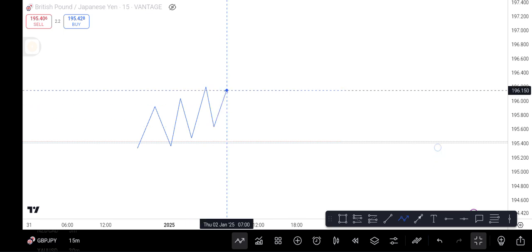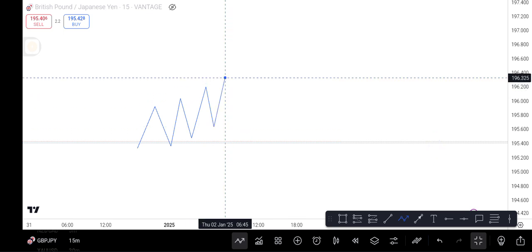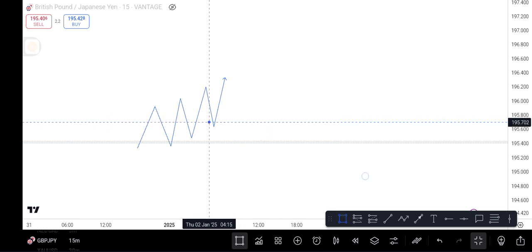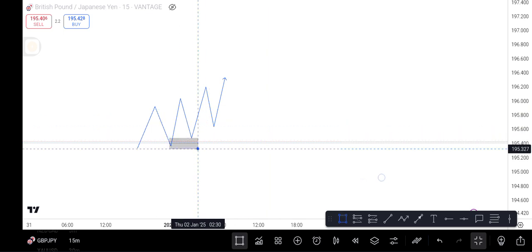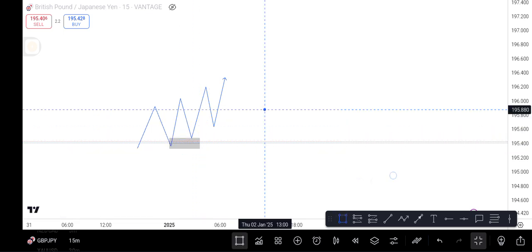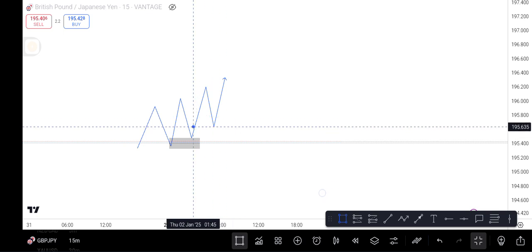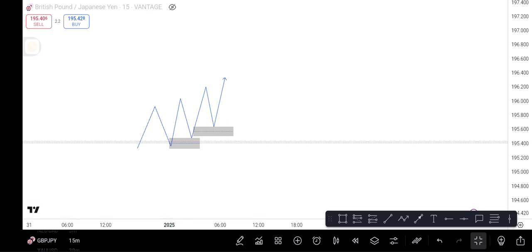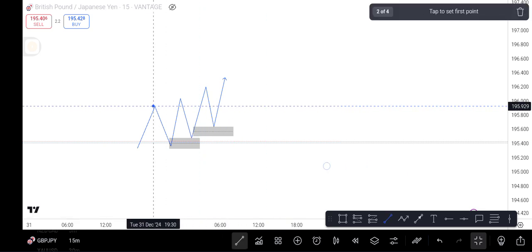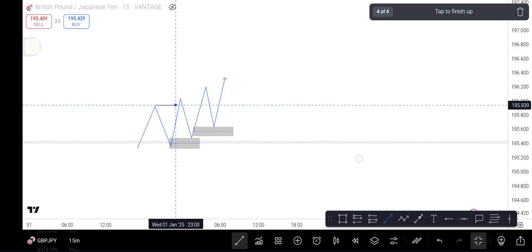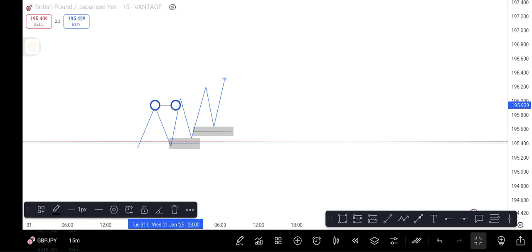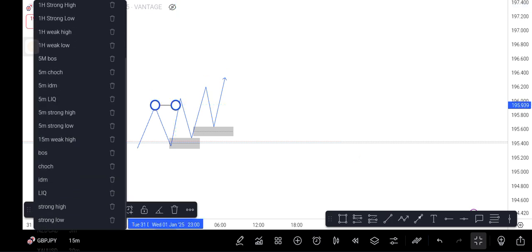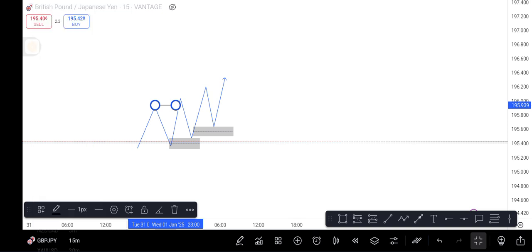So what it is doing now is that it is following a law, and that law is what we call the law of supply and demand. The market would often come back, more often than not, to mitigate or touch or tap a supply or demand zone.